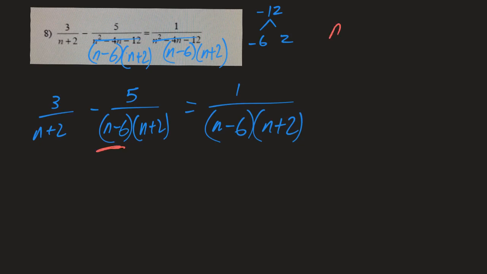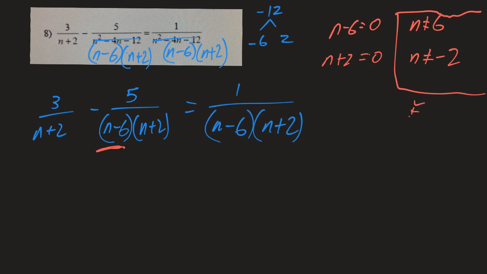So let's do n minus 6 equal to 0 and get n equals 6. Let's do n plus 2 equal to 0 and get n equals -2. Now these are my excluded values, of course, so I'll say don't equal those numbers. So remember, that means my answer should not equal 6 or -2.